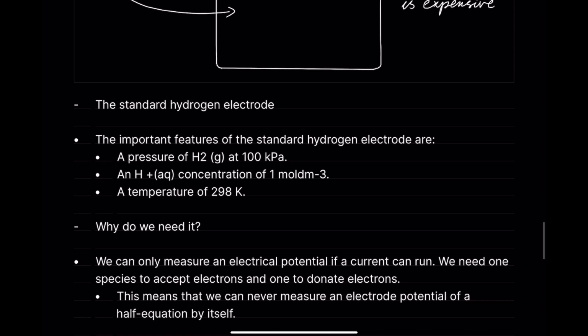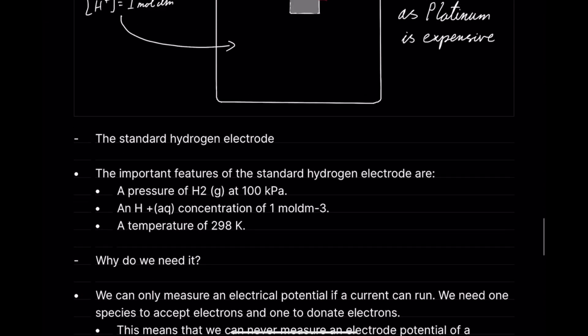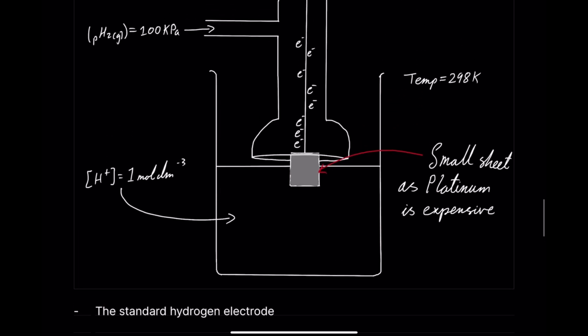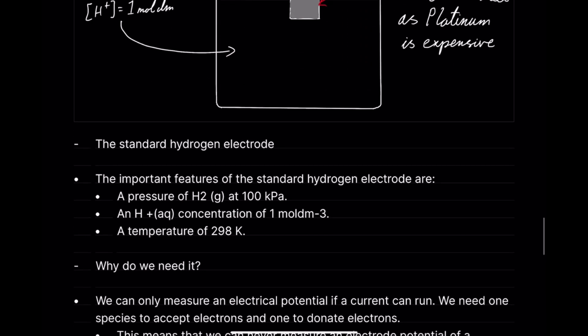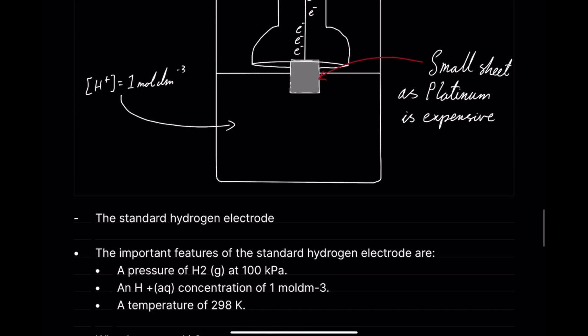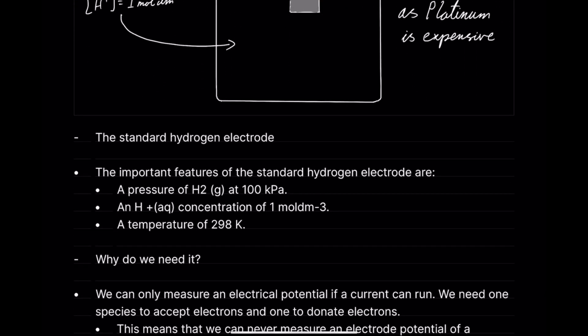Now, the important features of a standard hydrogen electrode are that it has to have a pressure of H2 gas at 100 kilopascals, so standard pressure of 100 kilopascals; an H plus aqueous concentration of 1 mole per dm cubed solution of acid; and the last one is a temperature of 298 Kelvin.